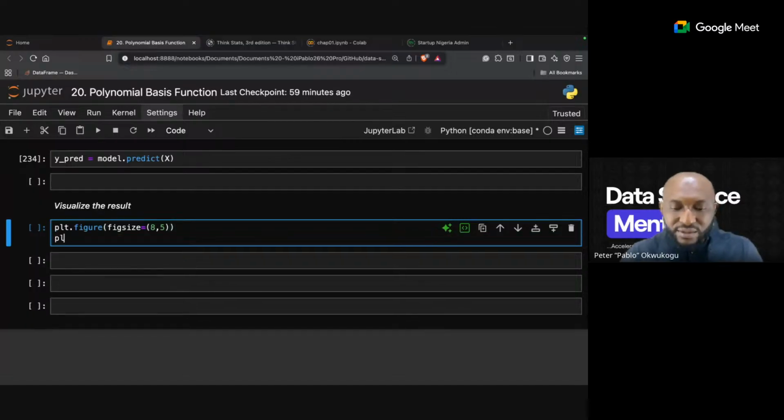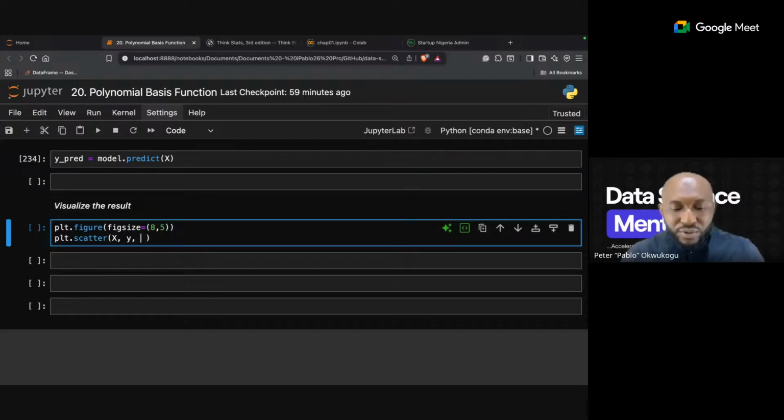Second, we're going to say plt.scatter. We're going to create a scatter plot. Inside the scatter plot, the first part is going to be x and y, our inputs and then our outputs.